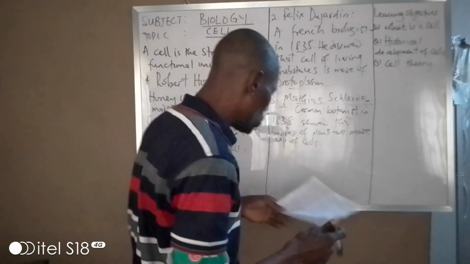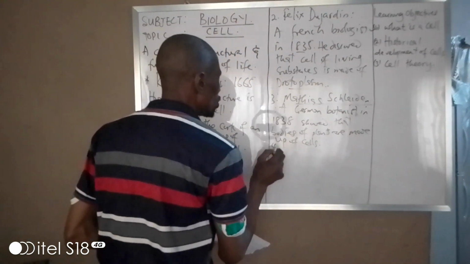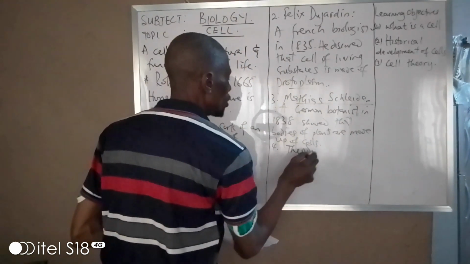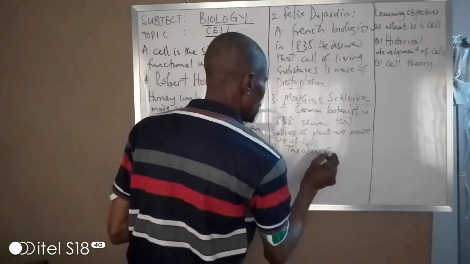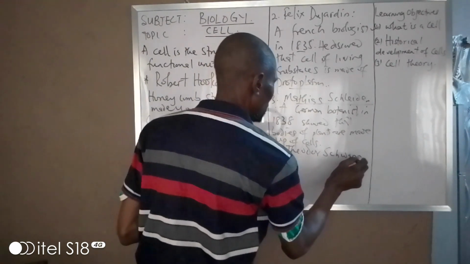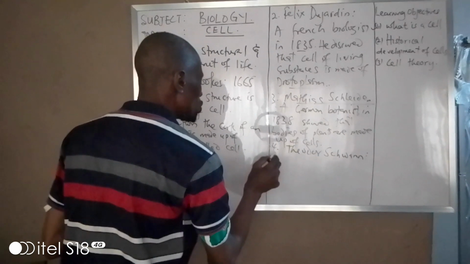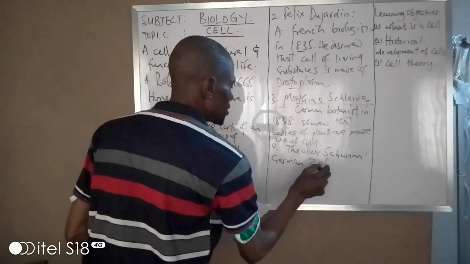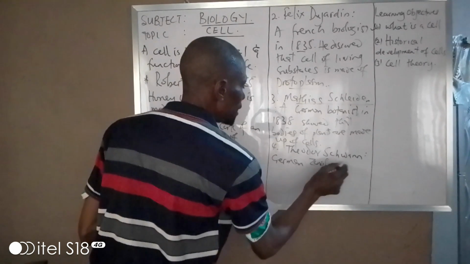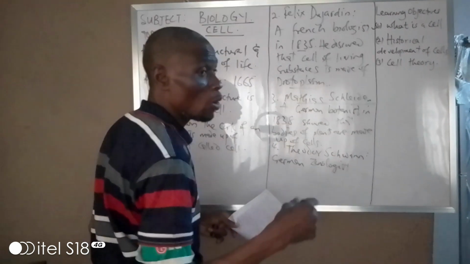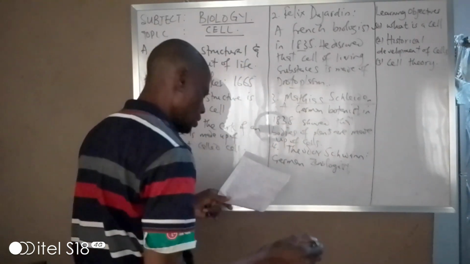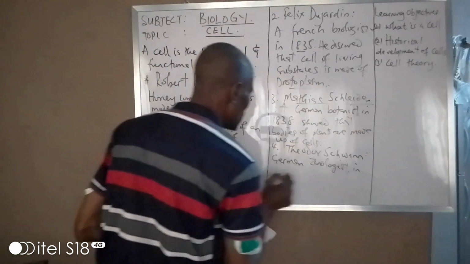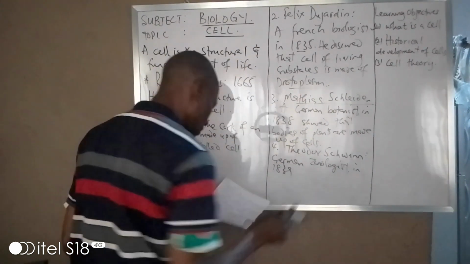After him, we also have Theodor Schwann. He is also a German, a German zoologist. A zoologist is somebody who studies animals. His contribution was in 1839.